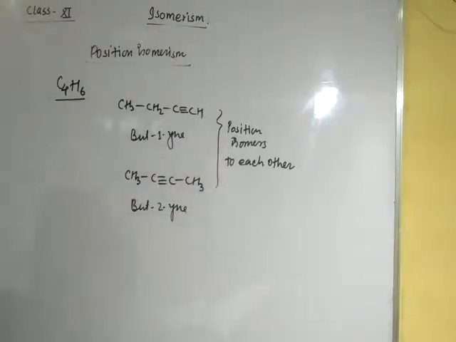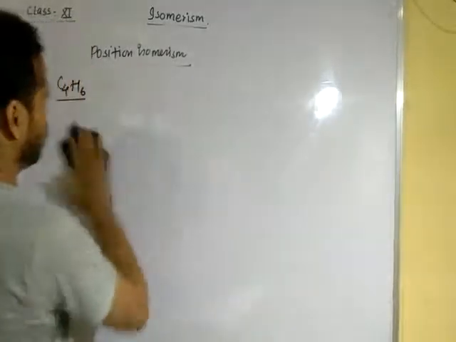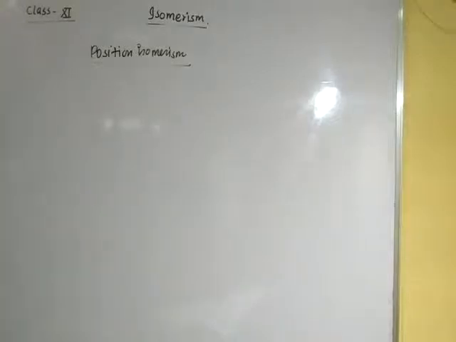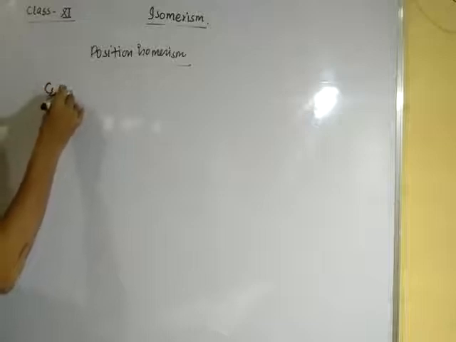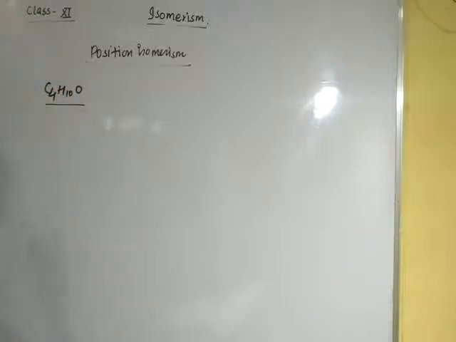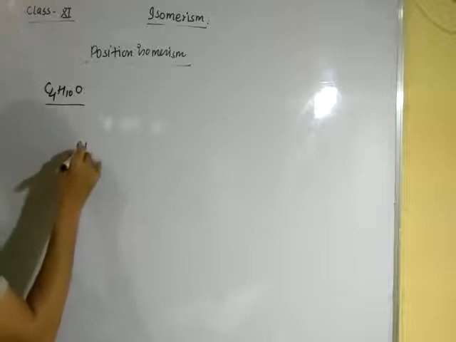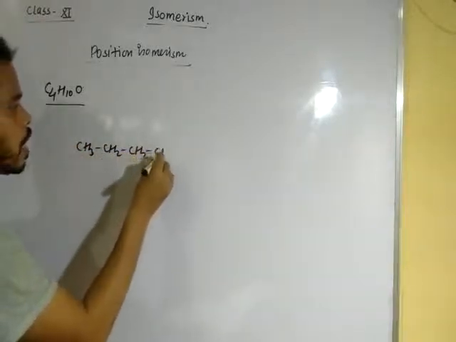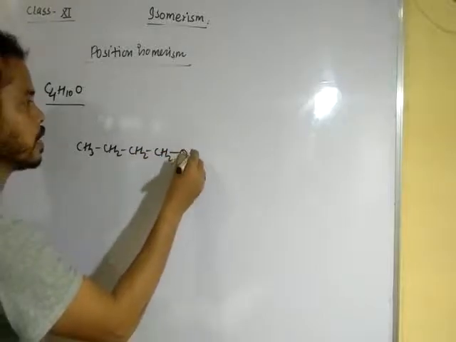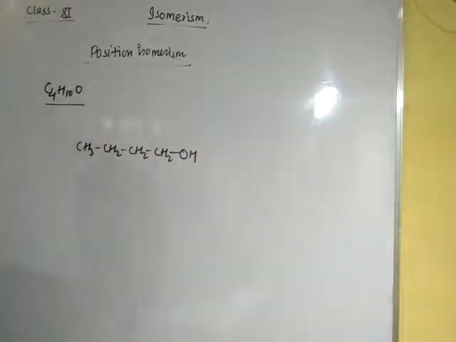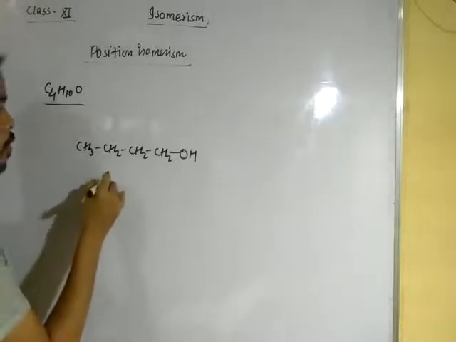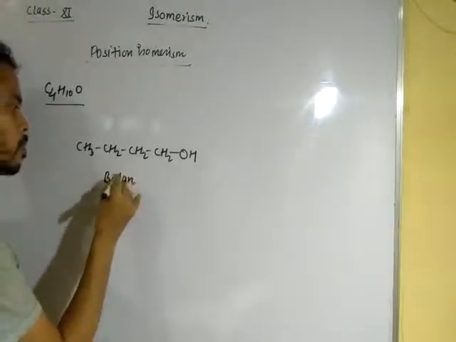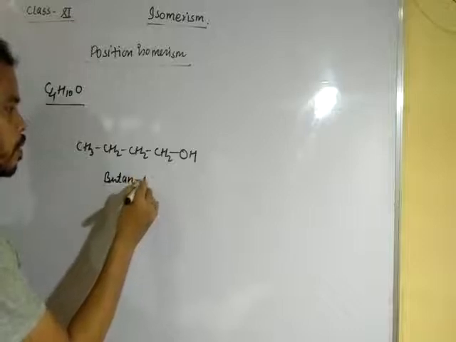Let us see another example related to alcohol. Suppose we have C4H10O. Now here CH3, CH2, CH2, CH2 and OH. The name of this compound is butan-1-ol.